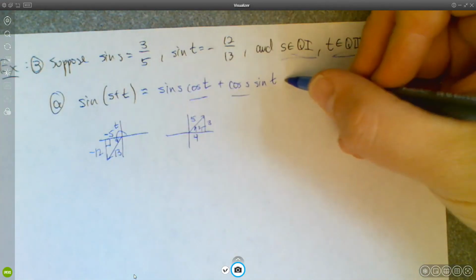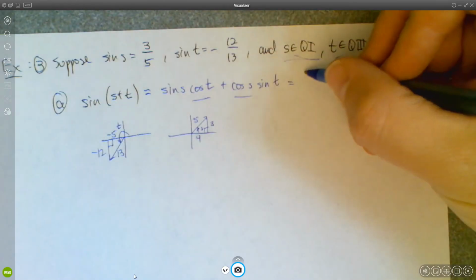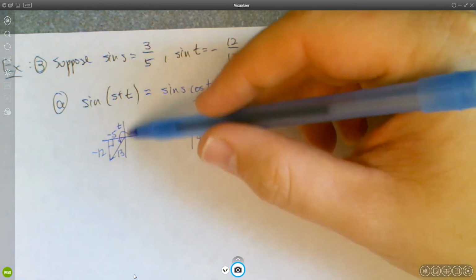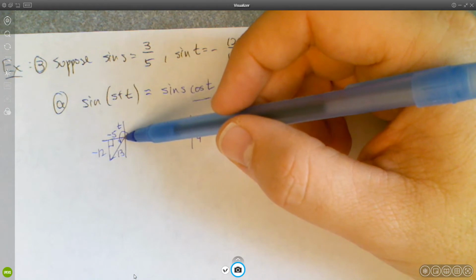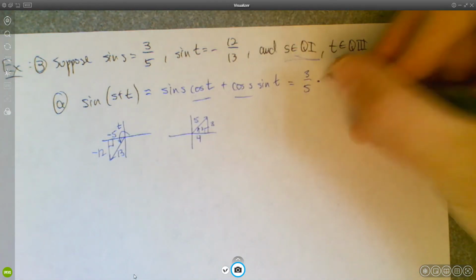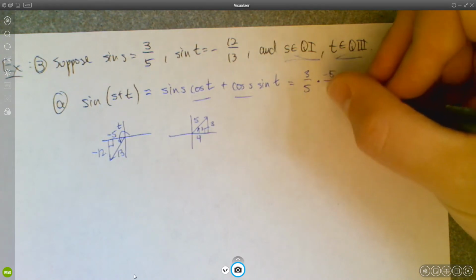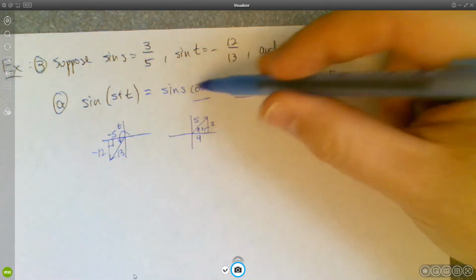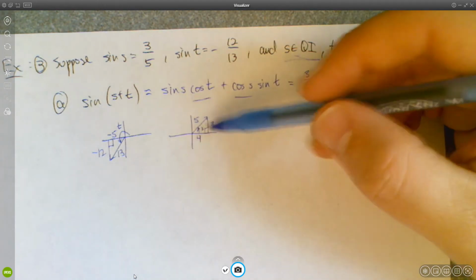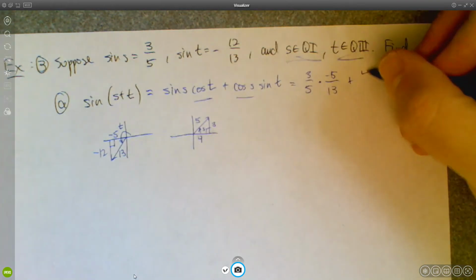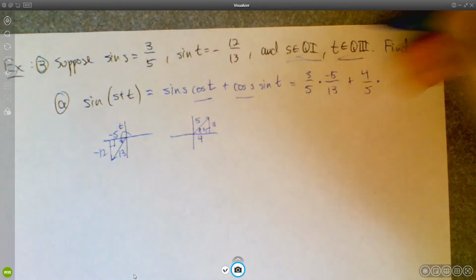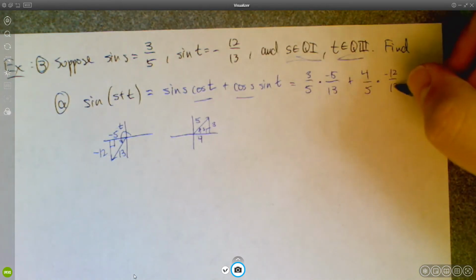So with that in mind, now we can fill in all of this stuff, right? Sine S is 3/5. Cosine T, so here's T, is adjacent over hypotenuse, negative 5/13. Okay, so there's sine S cosine T plus cosine S. So here's S. Cosine S would be 4/5 times sine of T, which we were given as negative 12/13.